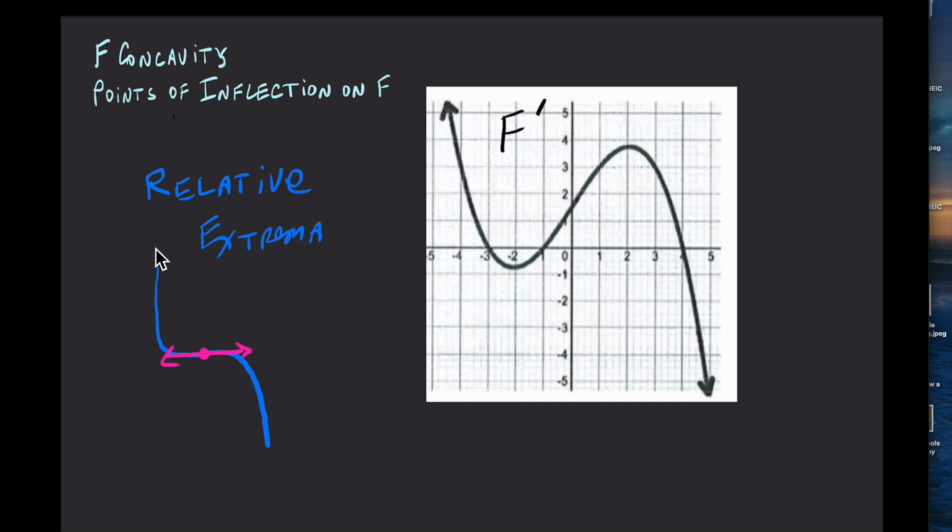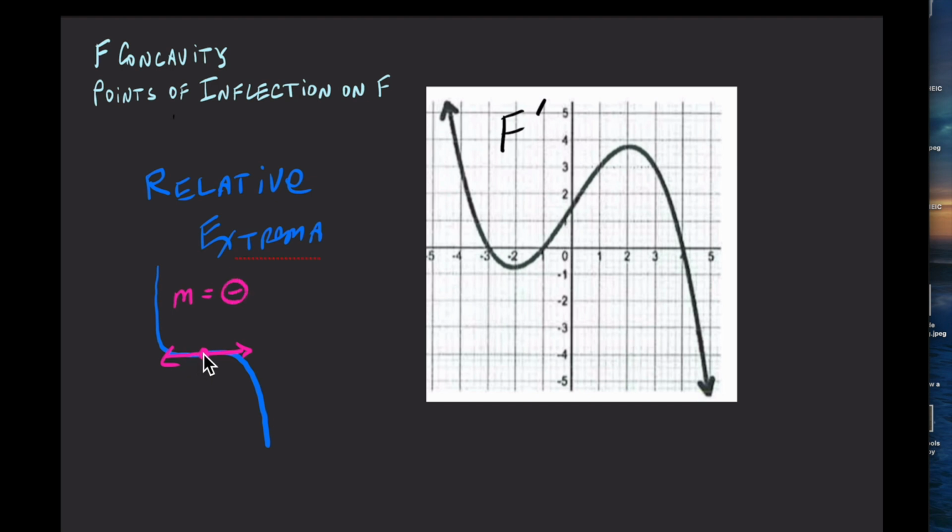Folks, the graph of f is decreasing up to that point, and it continues to decrease. That means if the graph of f is decreasing, the slope of f is negative.